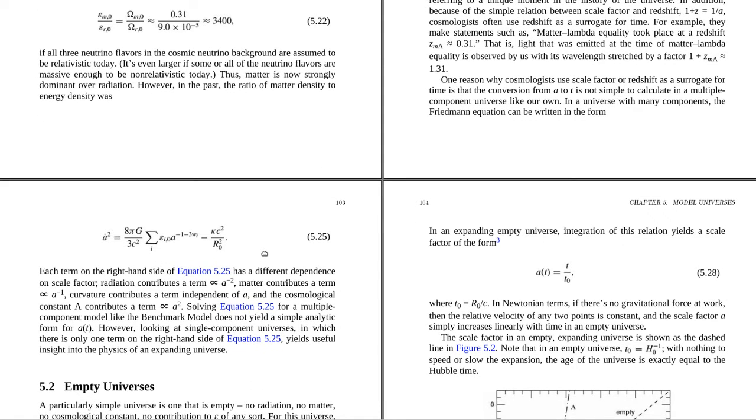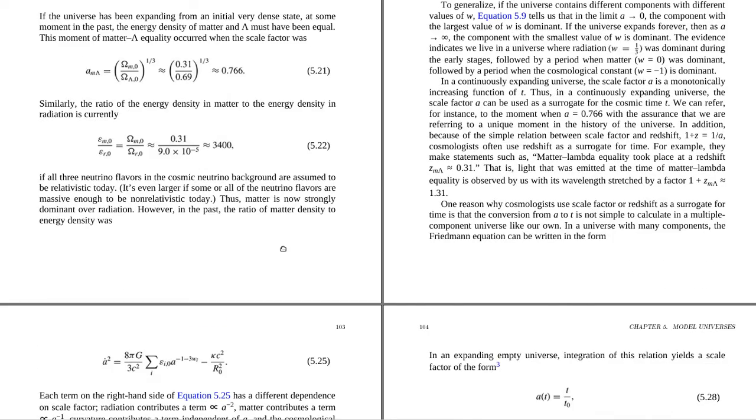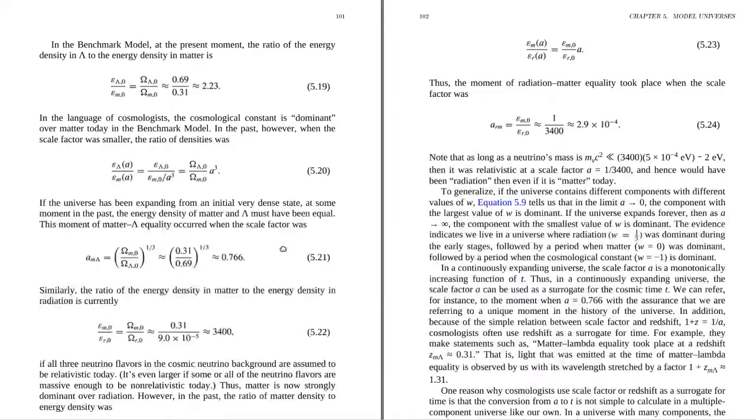But for simple models, as we are going to see, you can actually solve it analytically, and that's going to tell us certain things about the current universe. The reason why we are going to look at these simple models is because of this dominance business. So there are these well-separated eras. After 0.766, our universe is cosmological constant dominated. Between 2.9 times 10 to the minus 4 and 0.766, it's matter dominated.